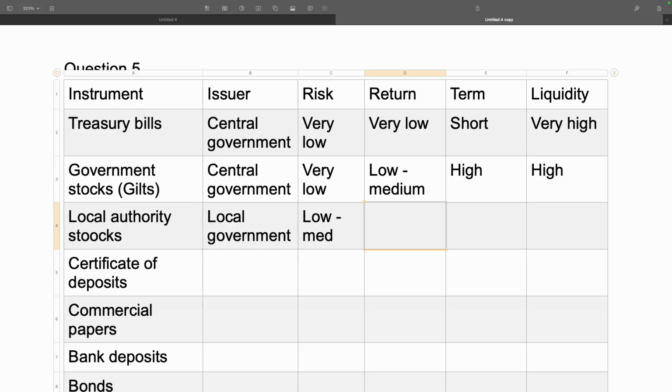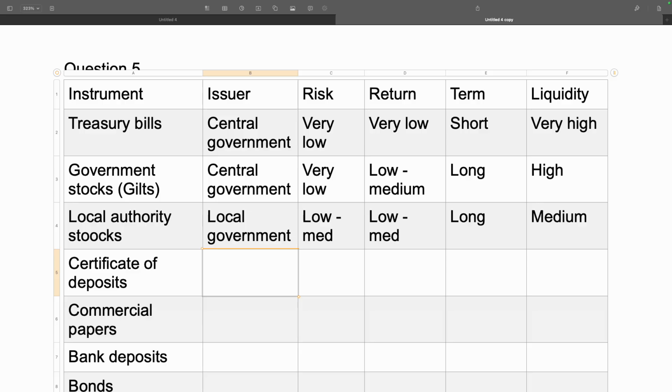Low to medium. Now in terms of term, this one is long, and liquidity is medium, can change but not as easy. That is one of the items that you should be aware of.